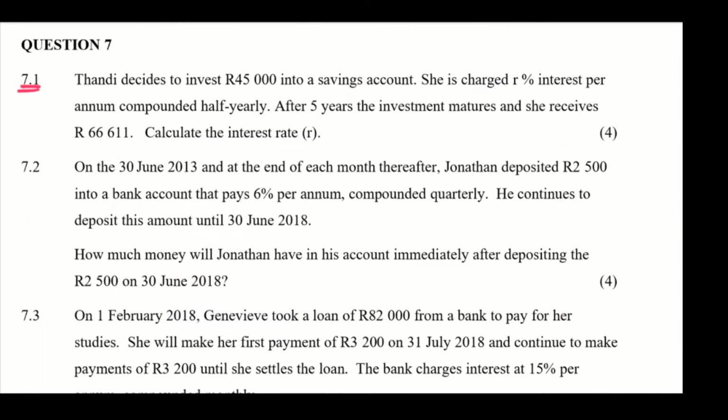Now we're going to do 7.2 here. The question says that on the 30th of June 2013, and at the end of each month thereafter, Jonathan deposited 2,500 Rand into the bank account that pays 6% compounded quarterly. He continues to deposit this amount up until the 30th of June, right?